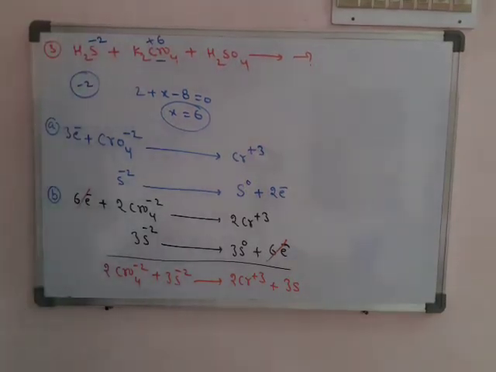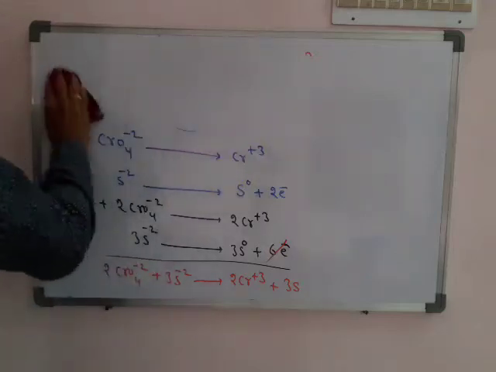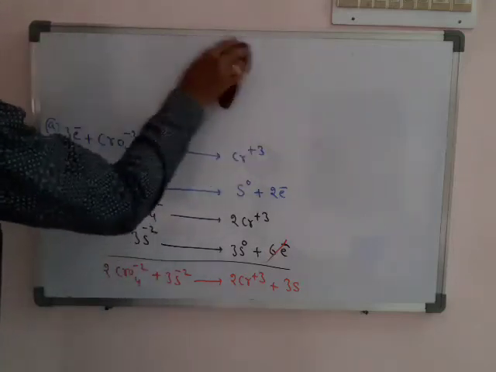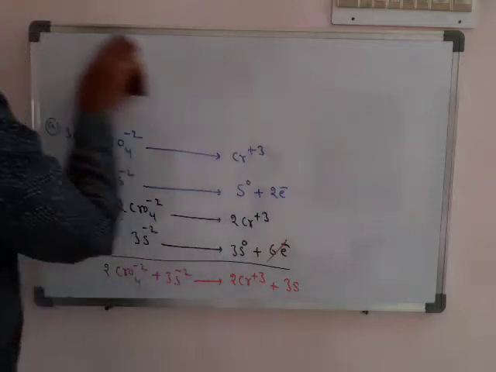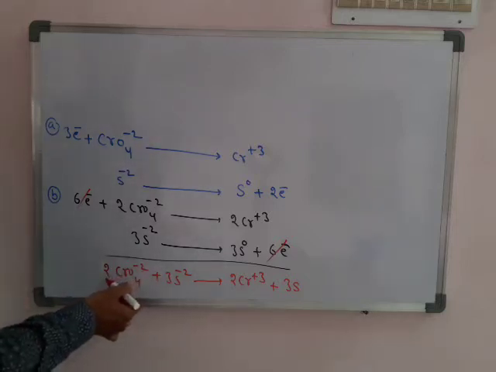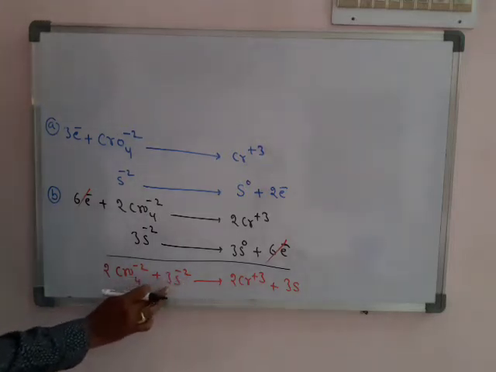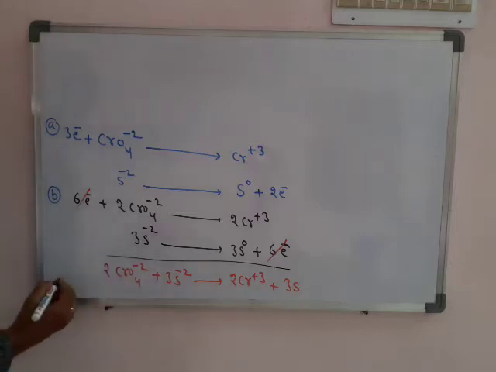So now balance the charge. As we know the oxidation number method, let's follow that. So what is the charge at left side? -2 units, and what is the charge? Left side -4. Here -6, -2 3 units, -6, here -4, so total charge at left side is -10.